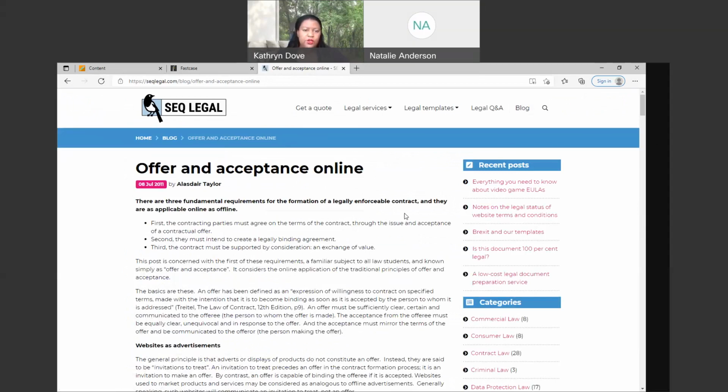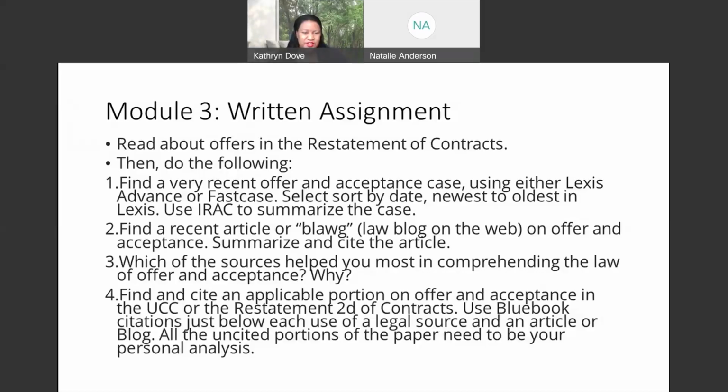There are 3 fundamental requirements for formation of a legally enforceable contract. They are as follows. So I don't see any problem with getting the research that you need for this Module 3 assignment right off the internet. Do you see any problems with it, Natalie? For getting the blogs off the internet.